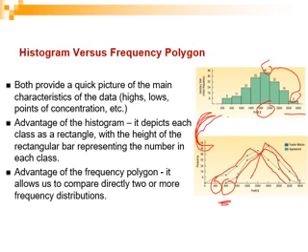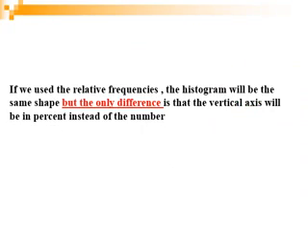But we can't do this with a histogram. We can't draw two histograms at the same time and compare them directly in one frequency distribution chart. So this is the advantage and disadvantage for us.